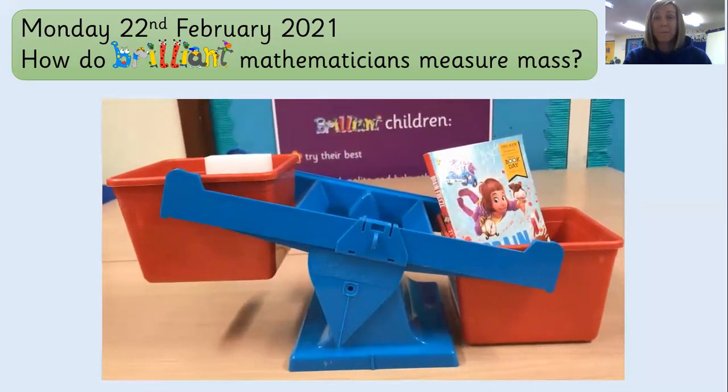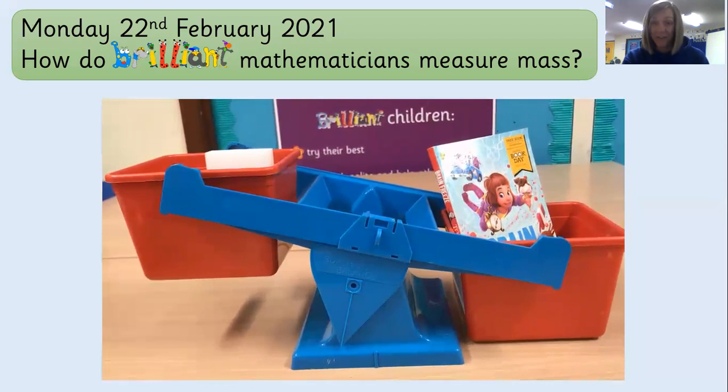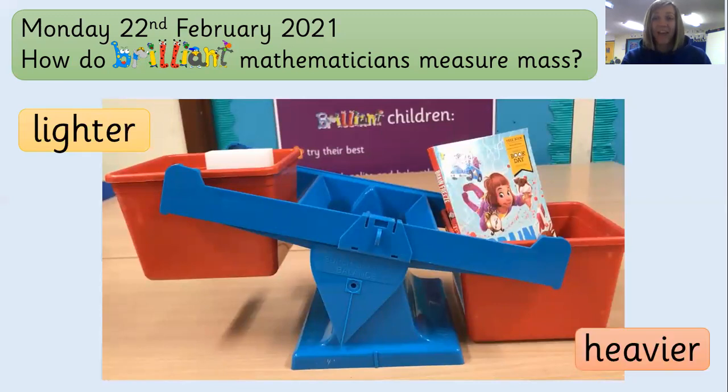Of course, the book is heavier. So you can see that the book has fallen to the table and my whiteboard rubber is high up in the air because it's lighter. The whiteboard rubber is lighter than the book. The book is heavier than the rubber.